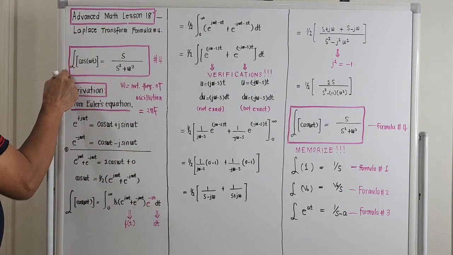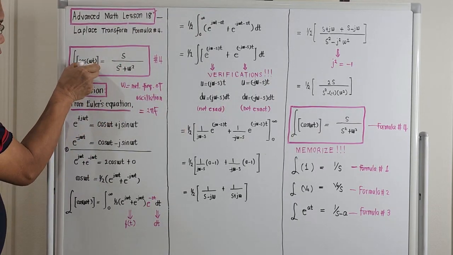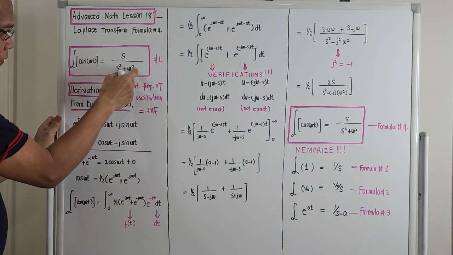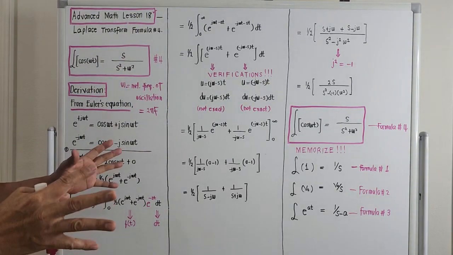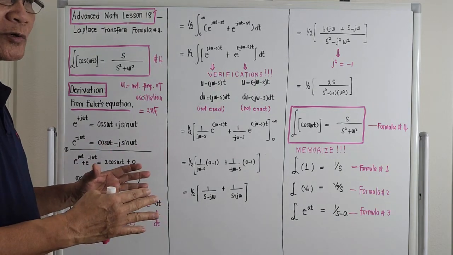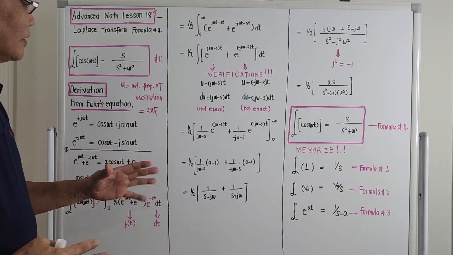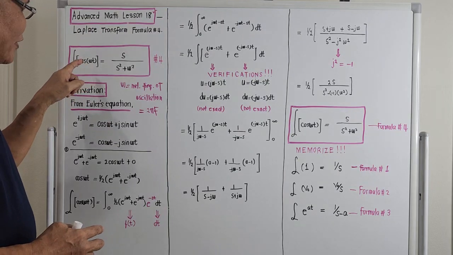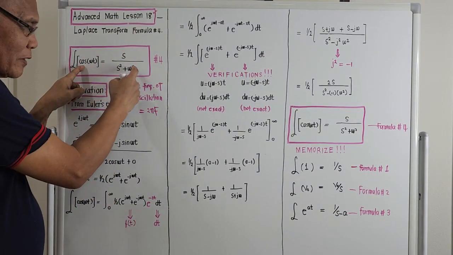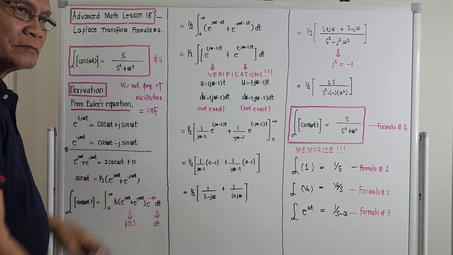The Laplace transform, I will repeat it, of cosine of omega t is actually s over s squared plus omega squared. So when we are solving a problem using a differential equation, this will be the equivalent of any cosine function, s over s squared plus omega squared.